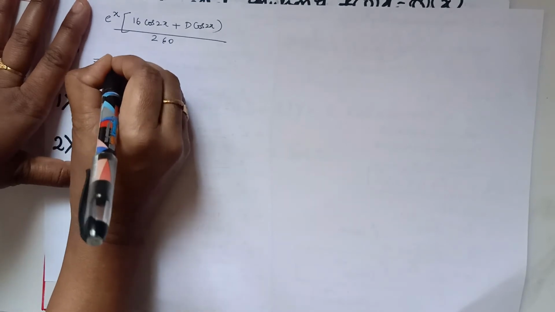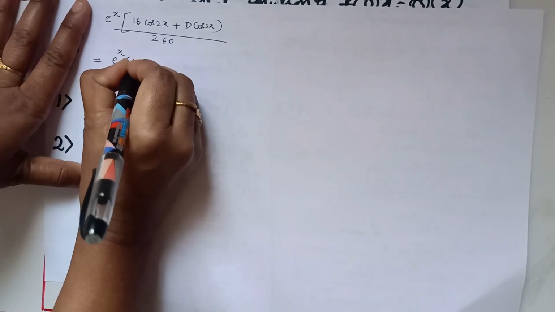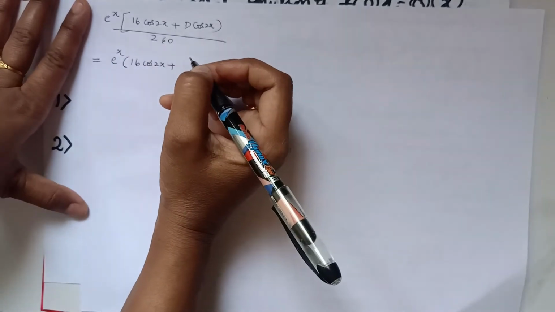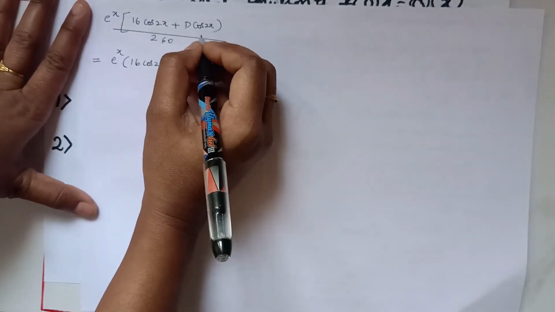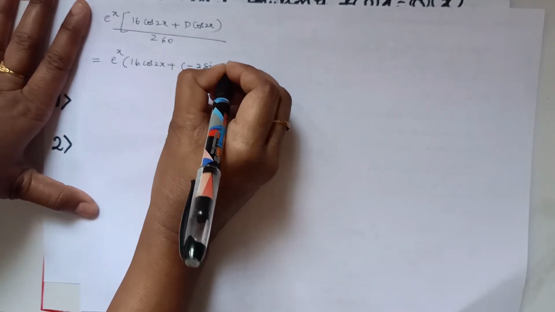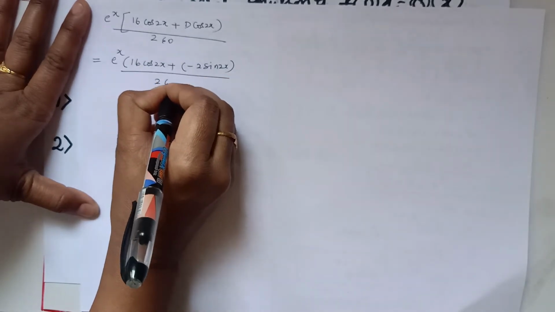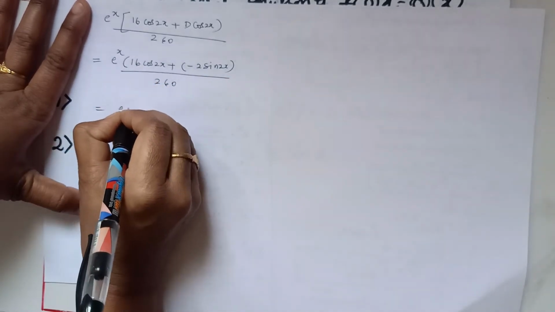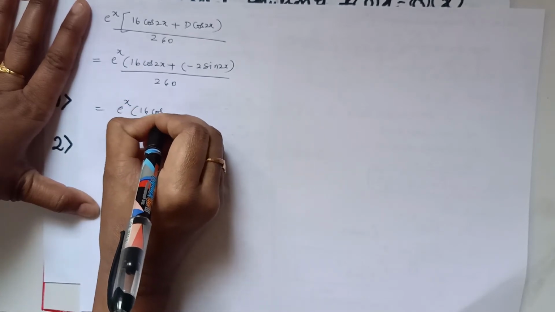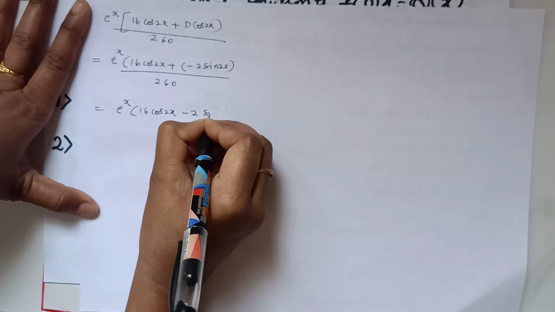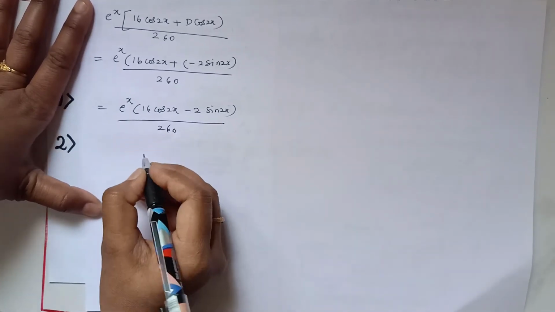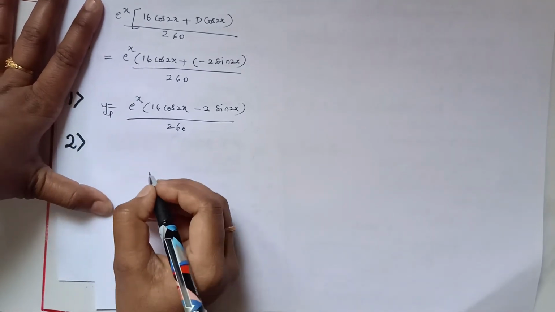This is equal to e power x into 16 cos 2x, plus D is a differential operator. D by dx of cos 2x is minus 2 sin 2x. This is equal to e power x (16 cos 2x minus 2 sin 2x) by the denominator. This is the particular integral yp.